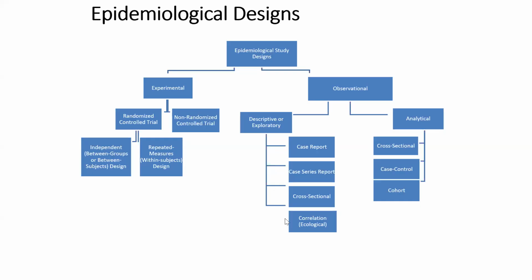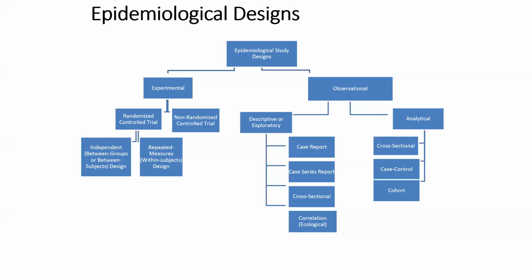So for each one of those 35 persons who have lung cancer, we try to find 35 persons who are matched most of the time by age and sex, because age and sex affect the prevalence and incidence of most diseases. So you want to control for that.